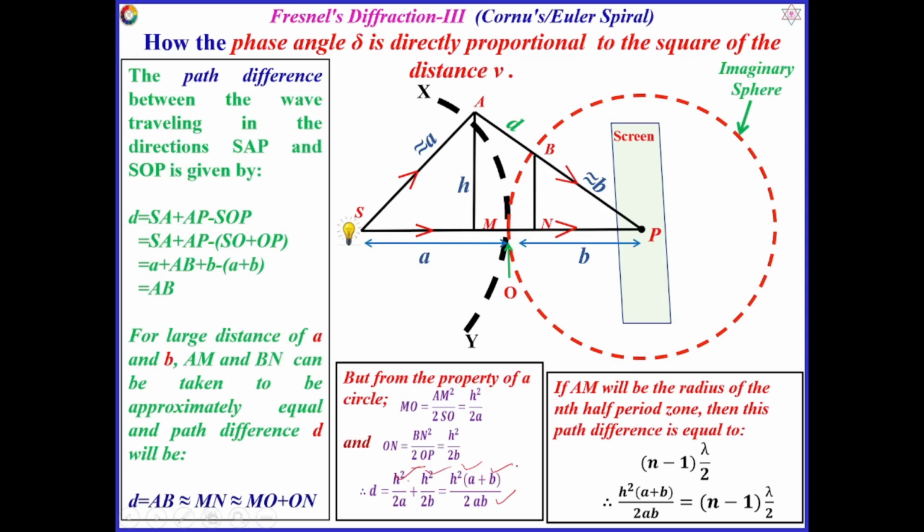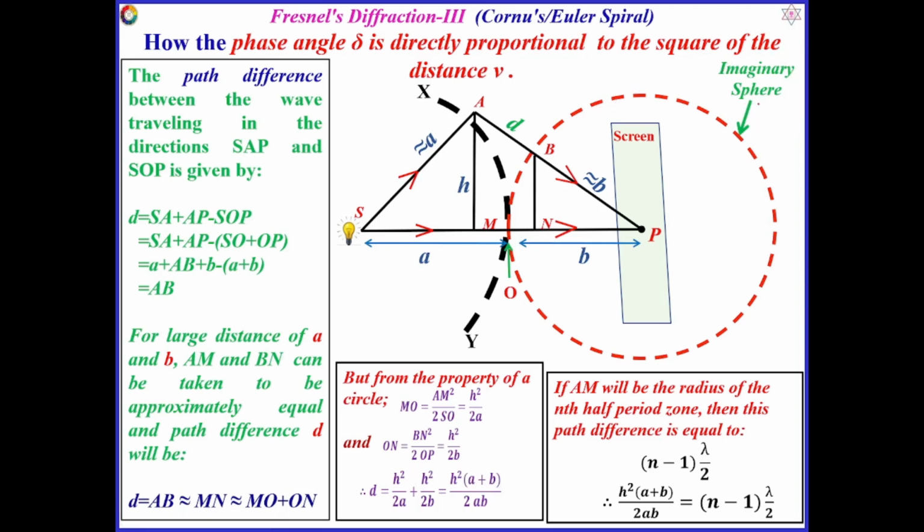Okay, next, if AM is the radius of the nth half period zone, here you can see AM, this is the AM. Whenever we consider imaginary circles like this, imaginary spheres or imaginary circles, for the 2D case an imaginary circle, for the 3D case an imaginary sphere, actually this is the imaginary sphere.